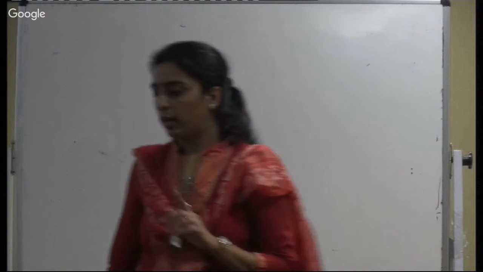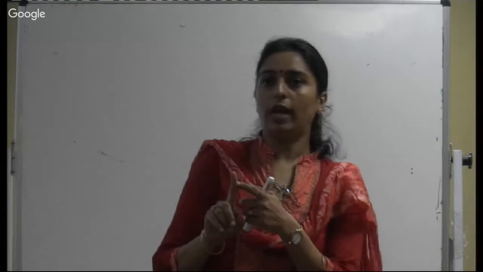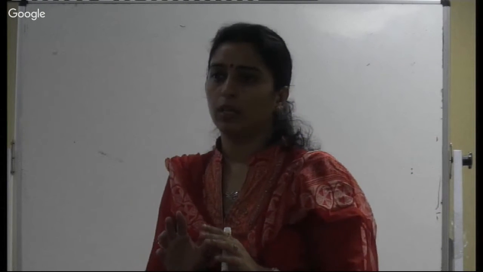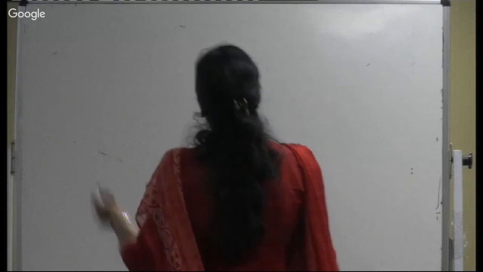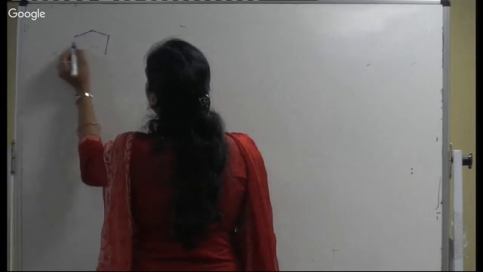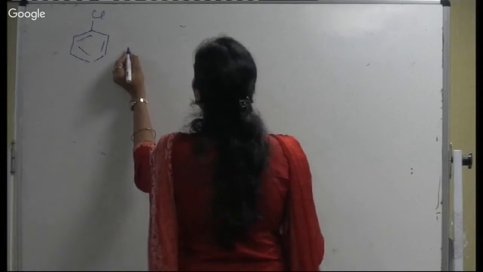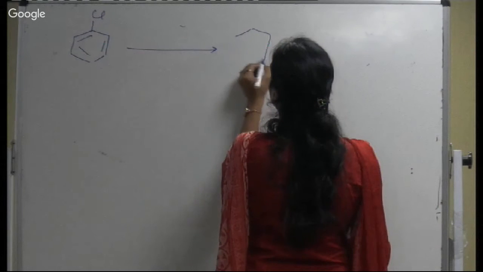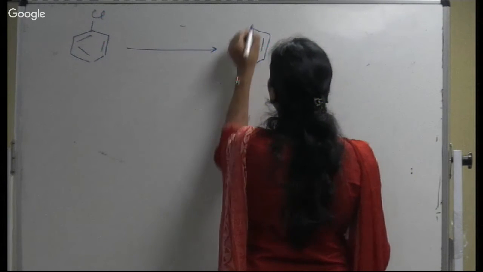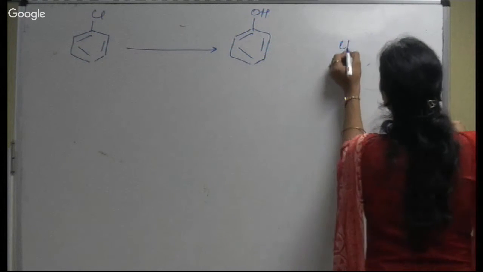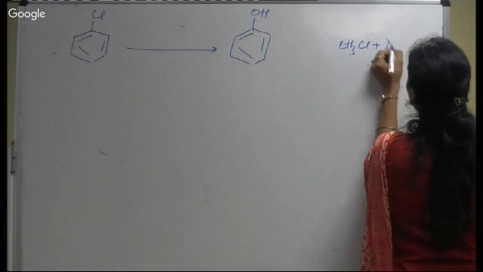If you want to carry out nucleophilic substitution, either you will have to give some drastic condition like very high temperature and high pressure. Let's see the reaction conditions for conversion of chlorobenzene to phenol, which is much easier in the case of methyl chloride.